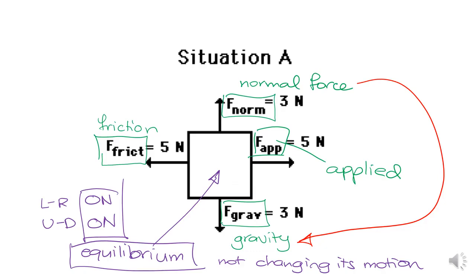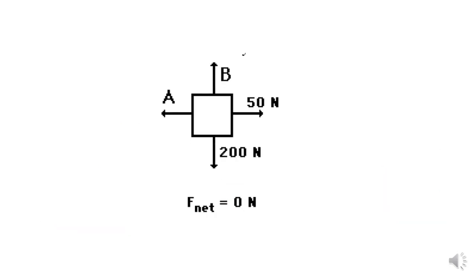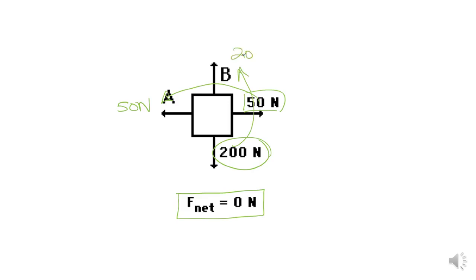Okay, let's move on to the next example, which is the next type of question. You are told that overall this has an F net of 0. So this 50 newtons right has to be balanced out by 50 newtons left. And this 200 newtons down has to be matched by 200 newtons up.